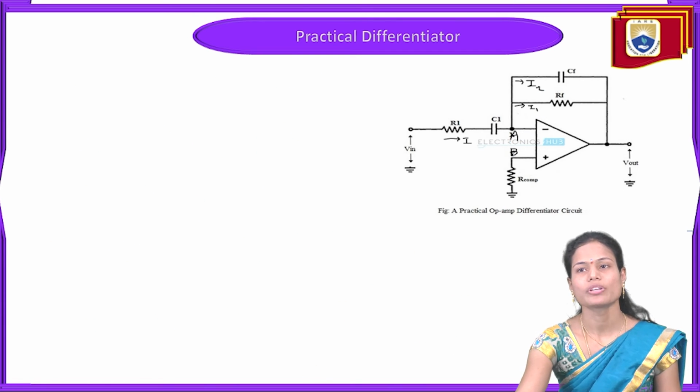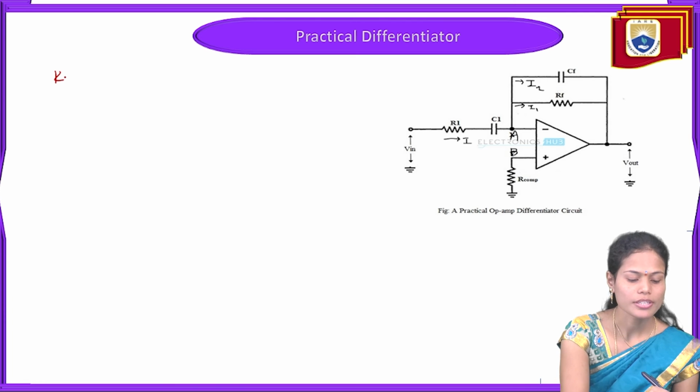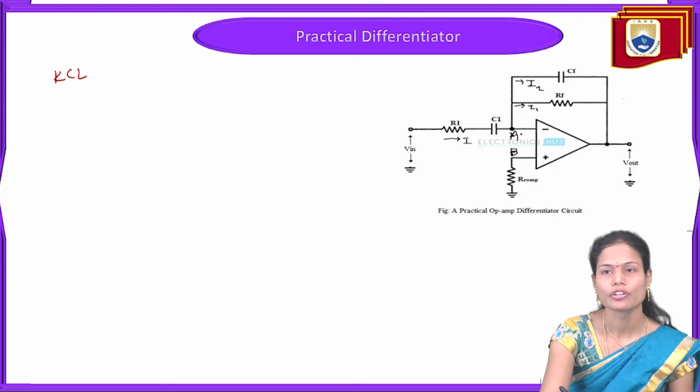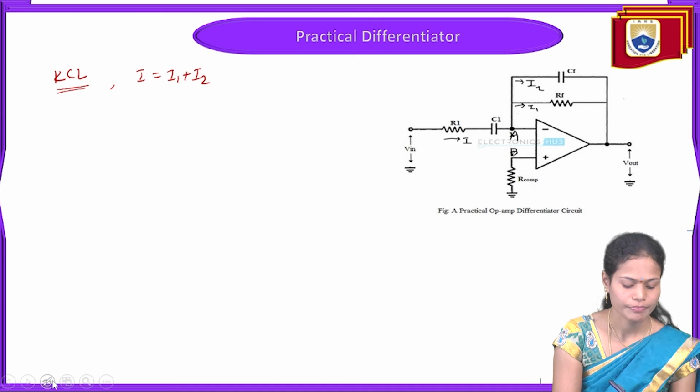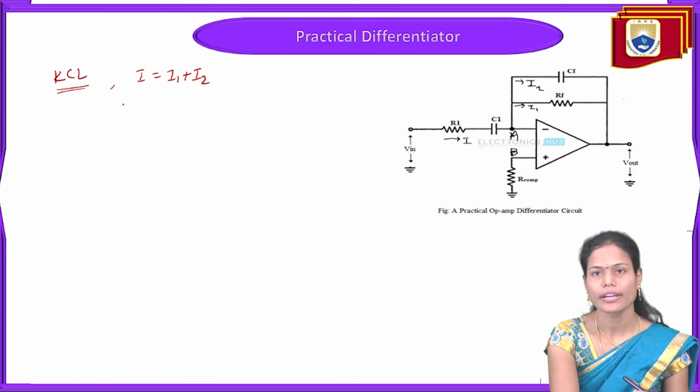Okay, now apply KCL at node A. If we apply KCL at node A, we will get I equal to I1 plus I2. So what is the value of I we got here?